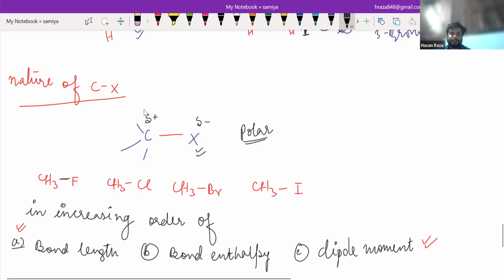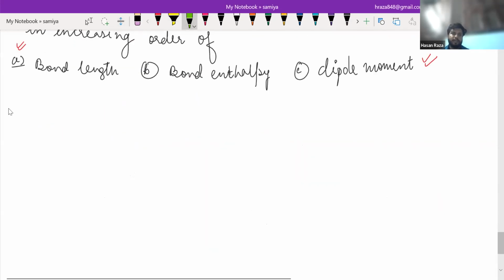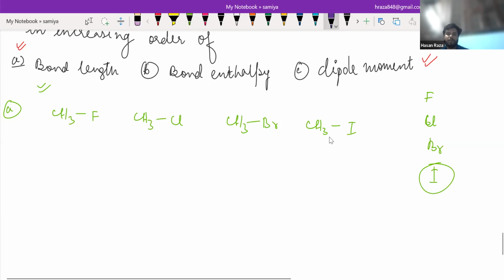Are you done with this? Fluorine will have the smallest bond length. See, bond length depends on size. For bond length, you can see this is CH3F. Can you tell me, among fluorine, chlorine, bromine, iodine, which has larger size? We already know that in a group, size increases down the group. Iodine is the largest one, so the bond length of iodine will be the largest.